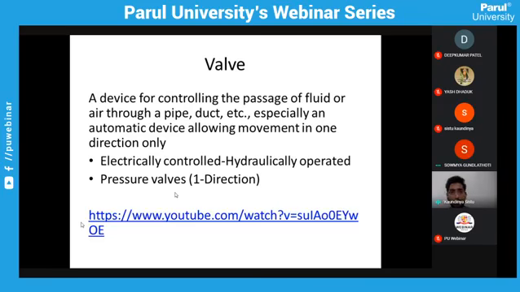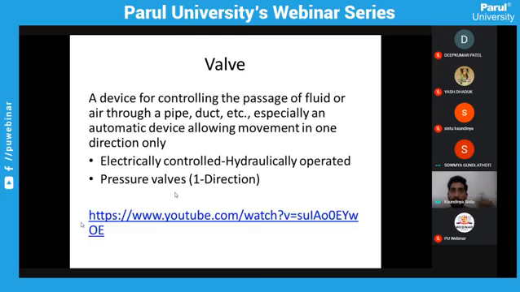Valves, as you may know, are nothing but a door. It's a small version of a door where you let fluids, mainly air or liquid, pass through. There are different types of valves and different classifications as well, but I took one classification depending on its movement. One kind is the pressurized valve.